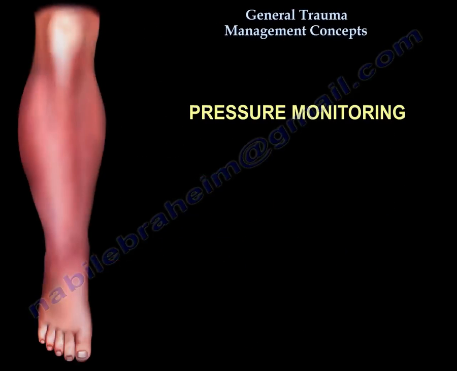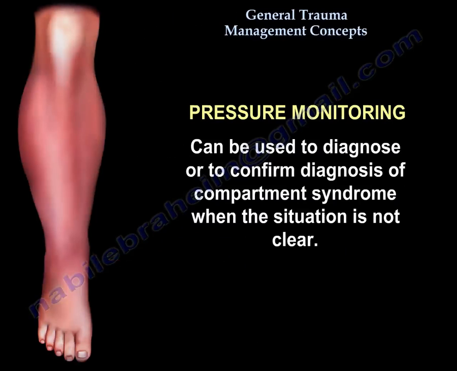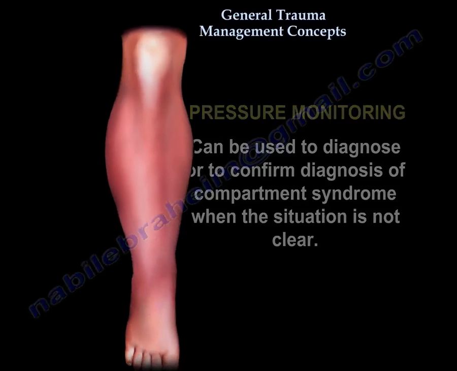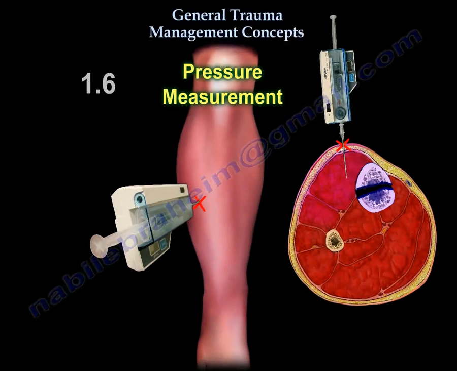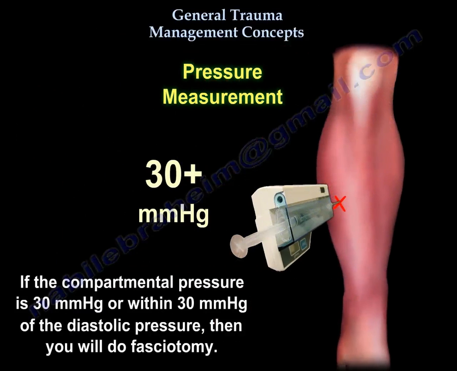Pressure measuring can be used to diagnose or to confirm the diagnosis of compartment syndrome when the situation is not clear. And if the pressure is 30 mm mercury or within 30 mm mercury of the diastolic pressure, then you will do fasciotomy.